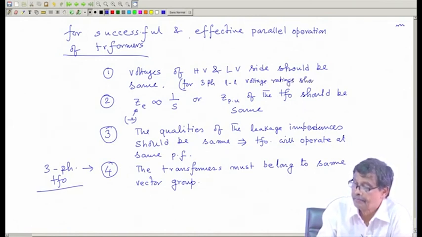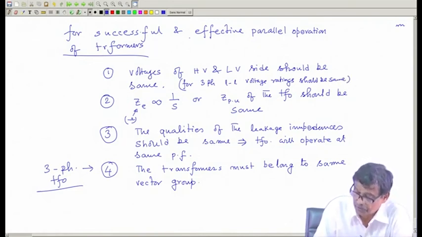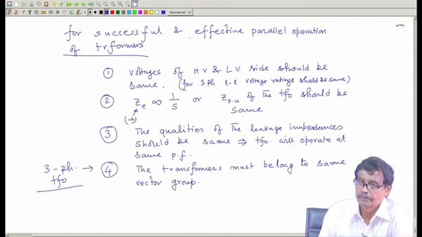Got the point? Line to line voltage ratings are same, and then I am telling the transformers must belong to same vector group, that is plus 30 degree or minus 30 degree and so on.